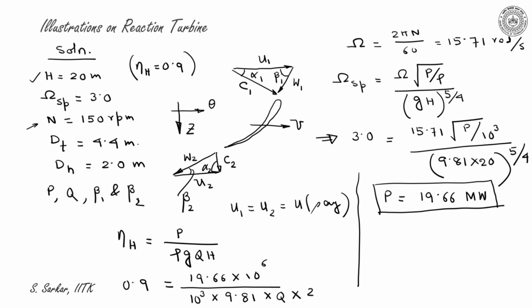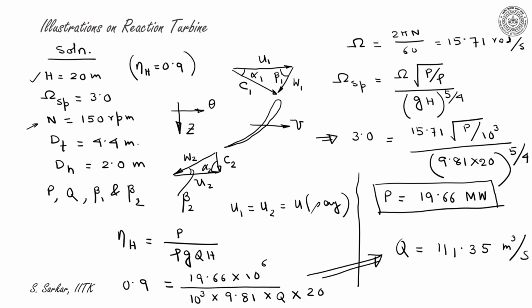Now tip diameter dt is given as 4.4 meter. Hub diameter dh is 2.0 meter.